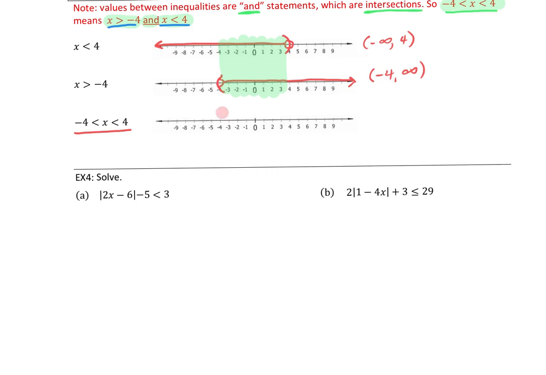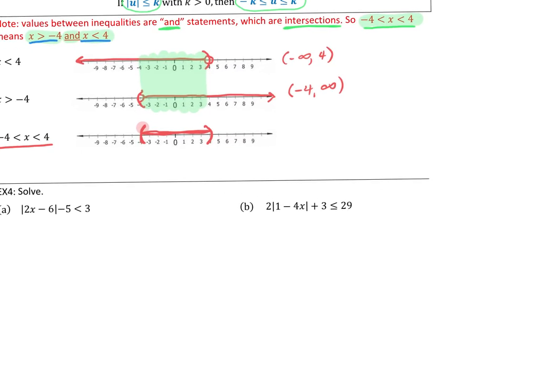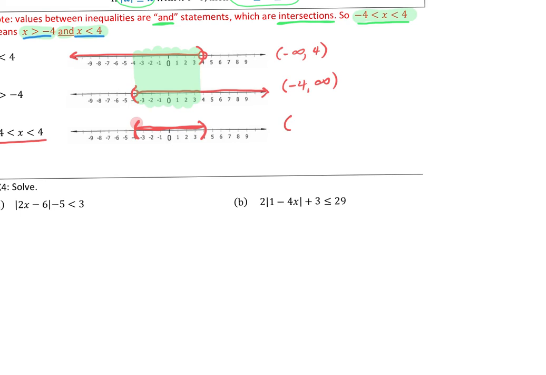So it goes from -4 to +4, and since it was parentheses, it stays as parentheses. We get our interval, -4 to +4. But really what that is equal to is the prior intervals, -infinity to 4, but we're intersecting them.